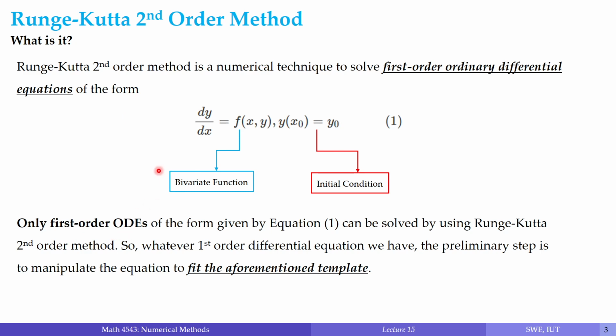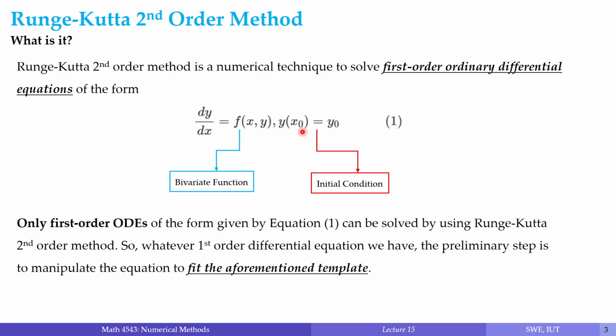In order to come up with the solution, our first order of things is to express the given ordinary differential equation in this format over here, where dy/dx equals f(x,y), where f(x,y) is of course a bivariate function, which means the slope is being expressed as a bivariate function, and we also have an initial condition. So for a particular abscissa x naught, we know the corresponding value of the dependent variable y.